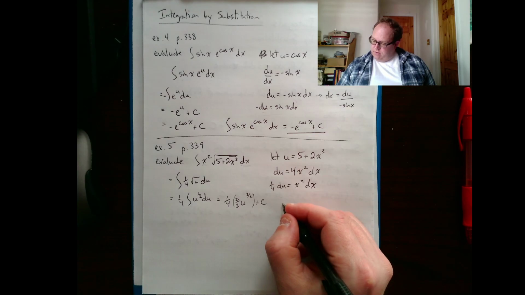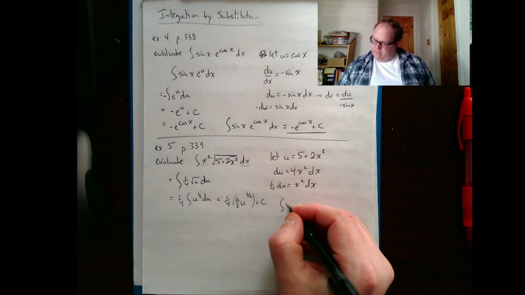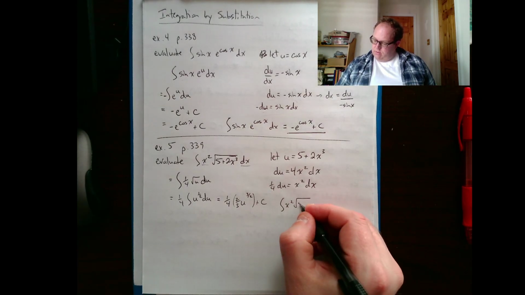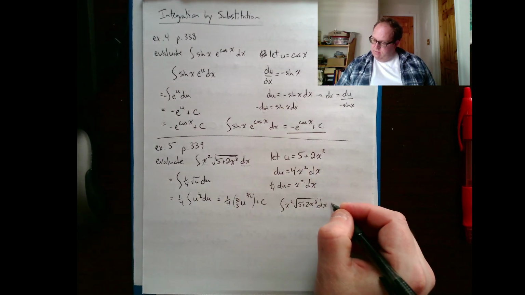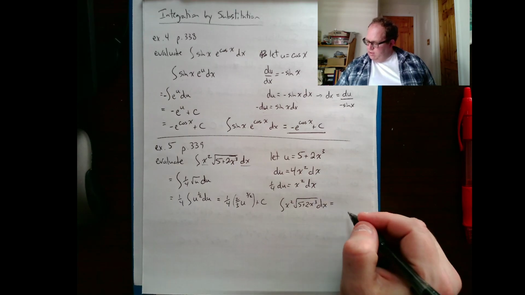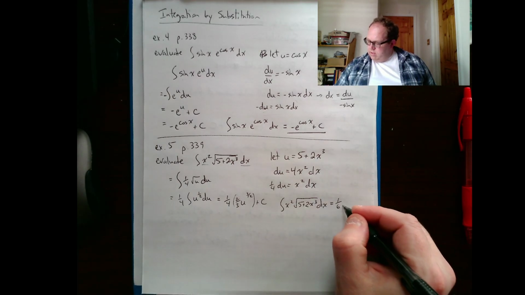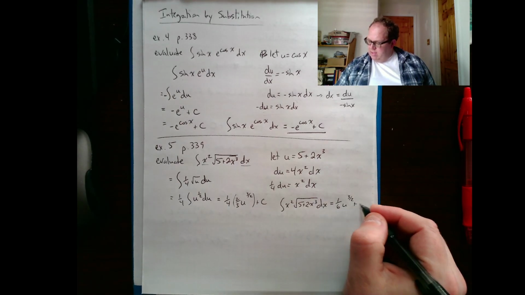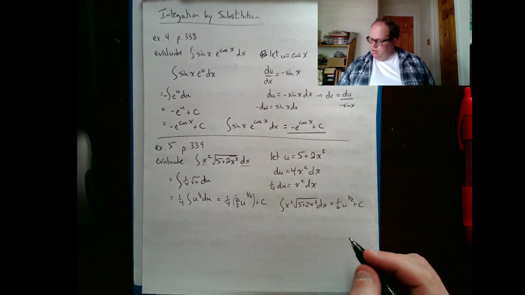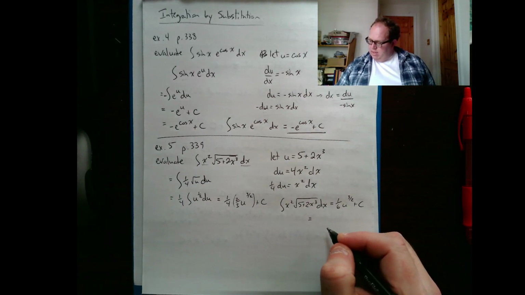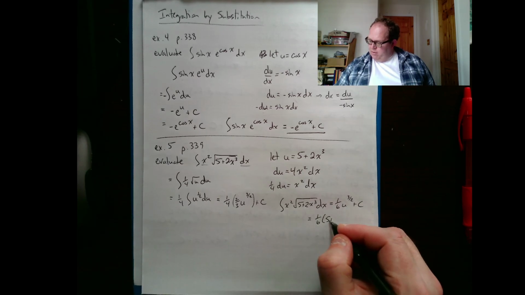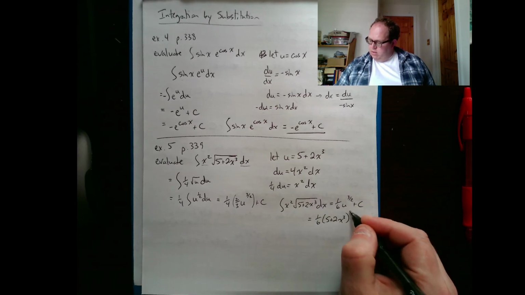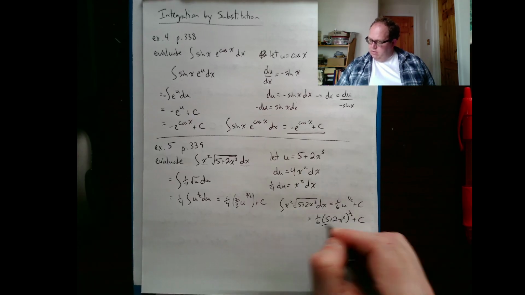Or, in short form, the integral of x squared root 5 plus 2x cubed dx would equal, multiplying that through, 1/6 u to the 3/2 plus a constant, but I should put my substitution back in, and that would equal 1/6 of 5 plus 2x cubed to the 3/2 plus a constant.